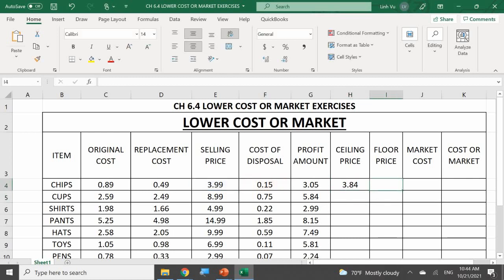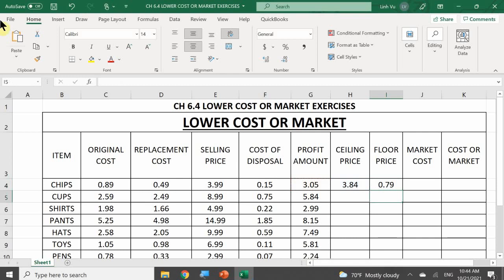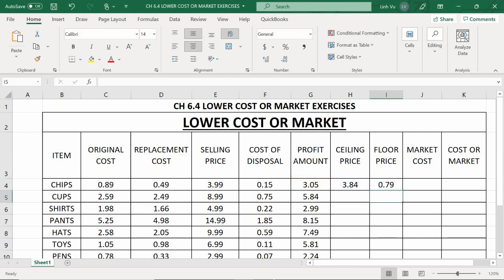Now, how do I solve for my floor? Ceiling price minus amount of profit. So $3.84 minus $3.05 is 79 cents.